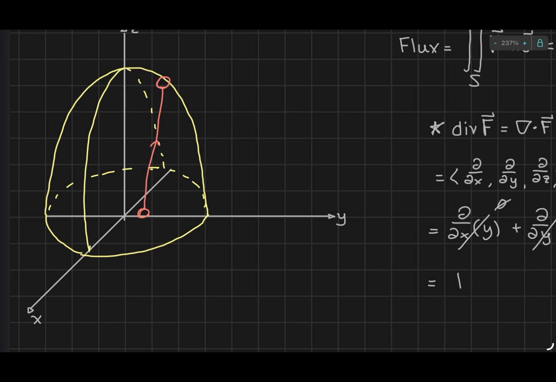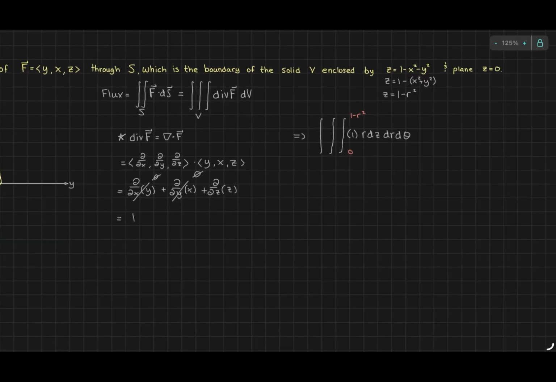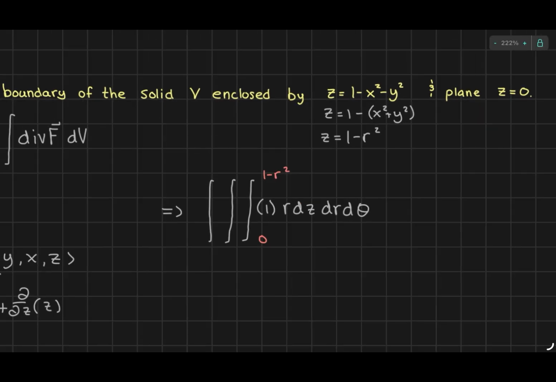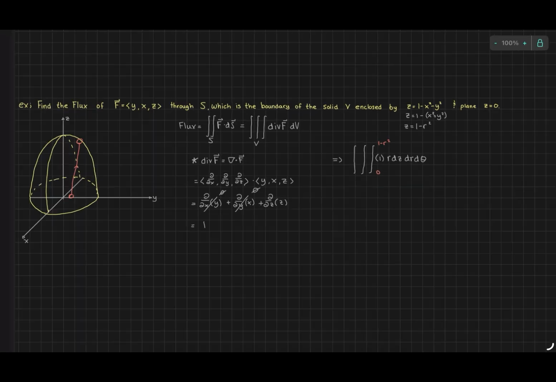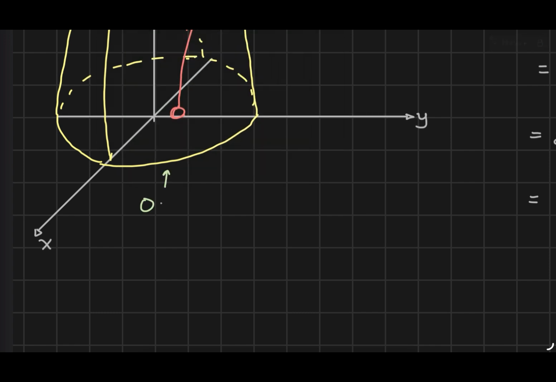Now, squishing this down into the xy plane here, we're going to have a circle of radius, what is the radius? If we plug in z is equal to 0 into this little equation here, we're going to have 0 is equal to 1 minus x squared minus y squared. Just add out that x squared, add out that y squared, and with simple algebra we deduce that our xy plane circle equation is x squared plus y squared is equal to 1.